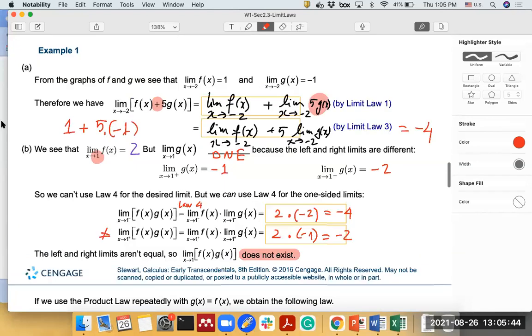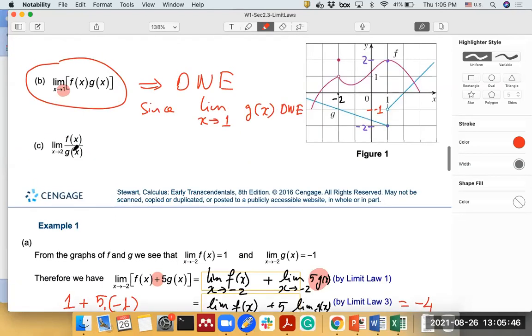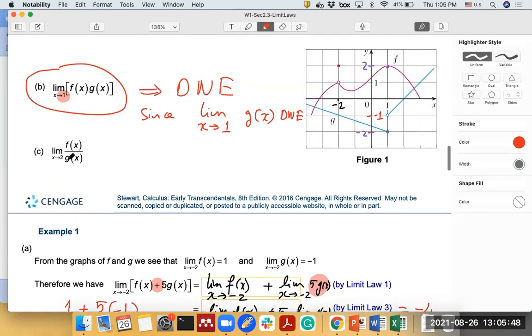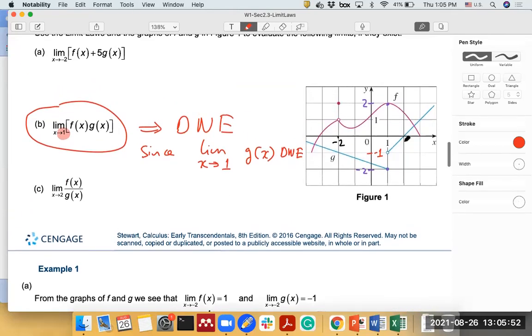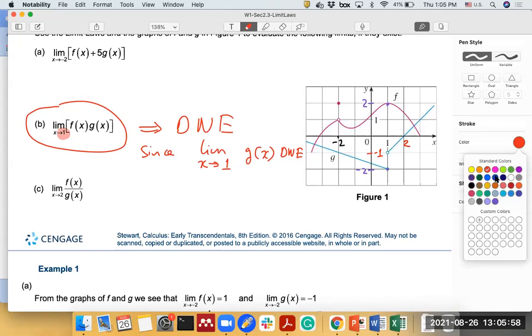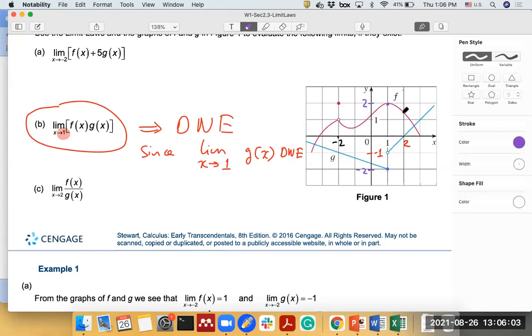So now the next one. We need to compute the limit of this quotient at 2. Where is 2? 2 is right here, right? Then look at this. What is the limit of f of x when x approaches 2?